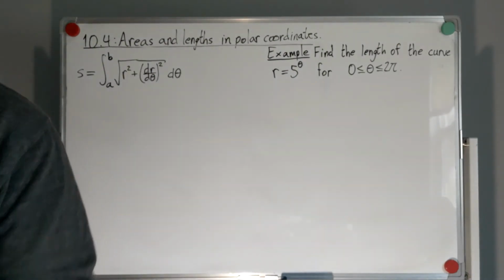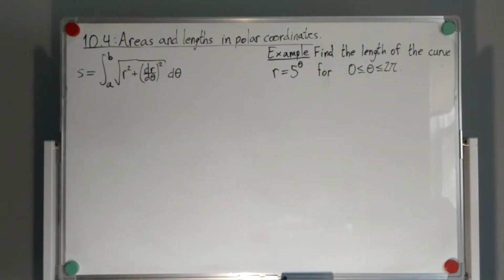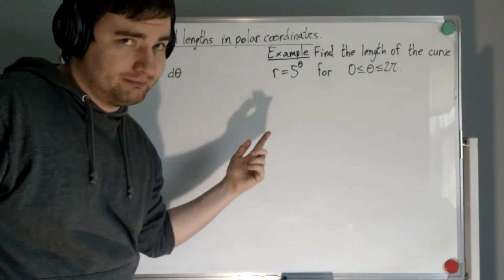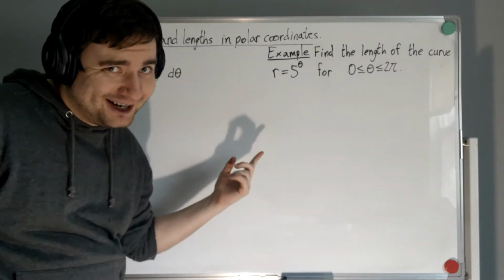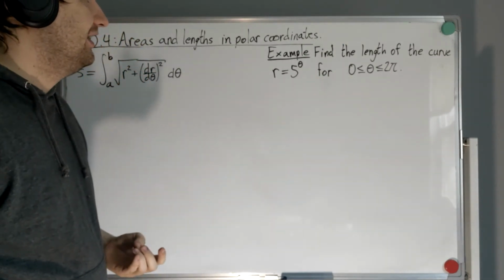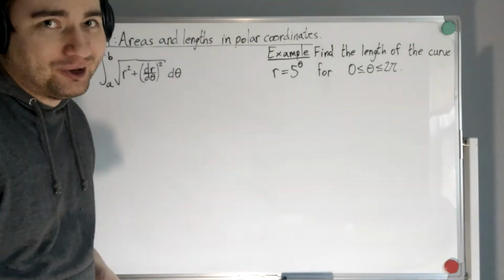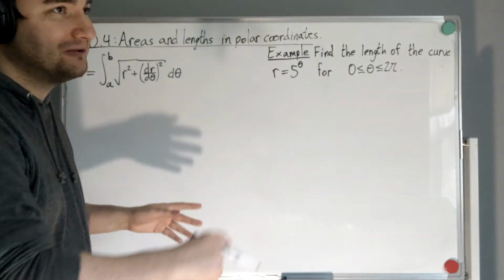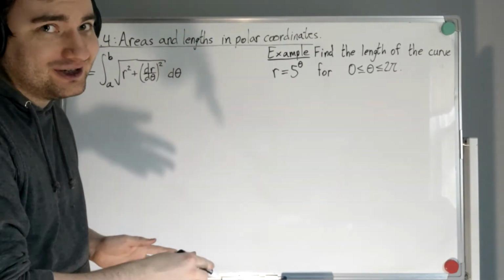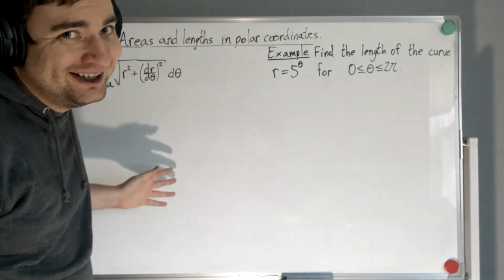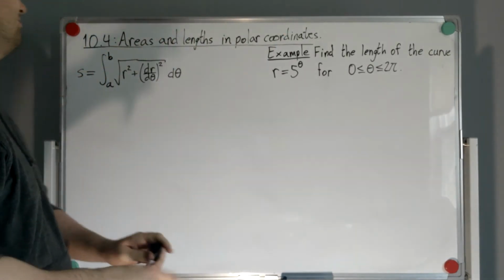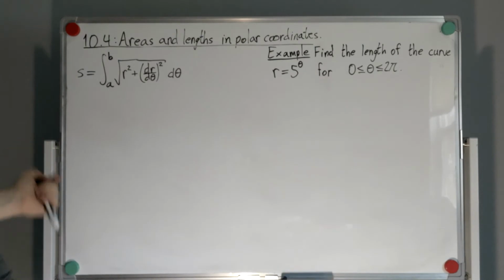Okay, so this is another weird curve. It's going to be another spiral, but it's going to go the opposite way. Like instead of getting really, really close to the origin, it's going to get really, really far away from it. Okay? But in any case, if we want to find its length, we just need to use this formula.